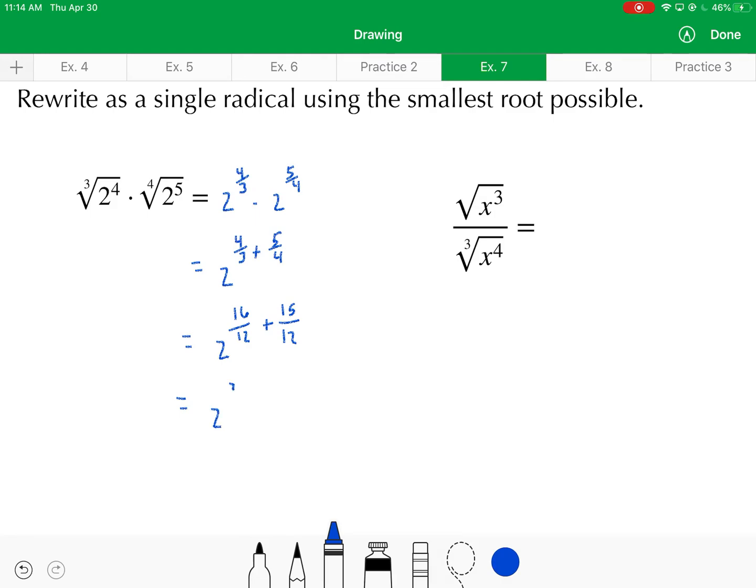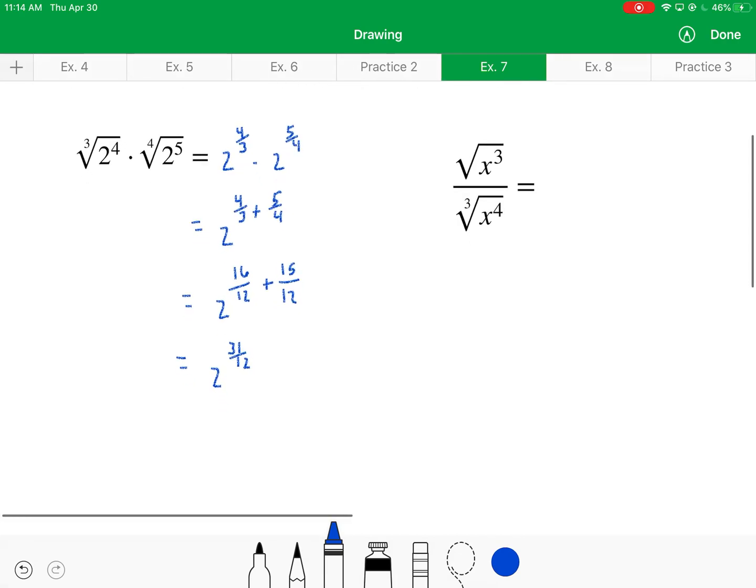That'll give me 31/12. All right, now we saw yesterday in one of our examples, once we got here, the fraction reduced. You definitely would want to check for that. In this particular case, it doesn't. So we're going to rewrite this as the 12th root of 2 to the 31st, okay?